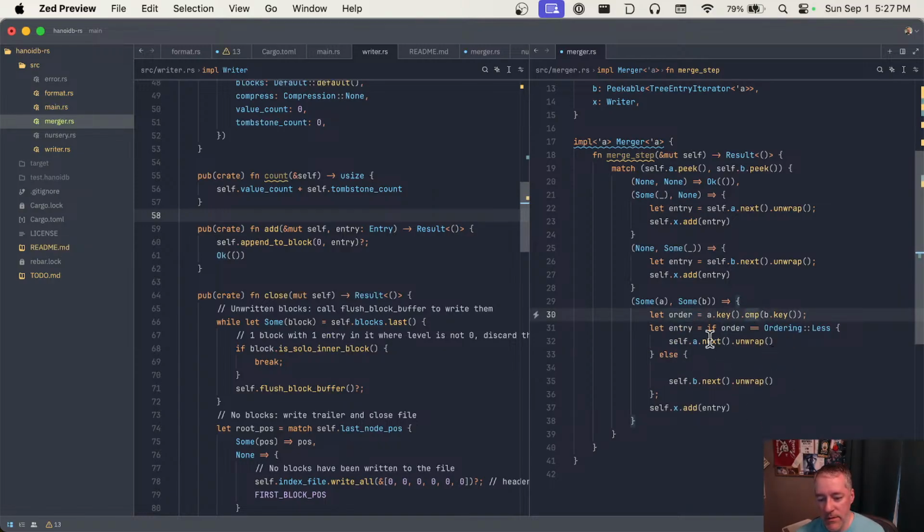Okay, so if A is less than B, we definitely want to insert that one next. But in all the other cases, we want to take B. The other possibility is that they're equal.